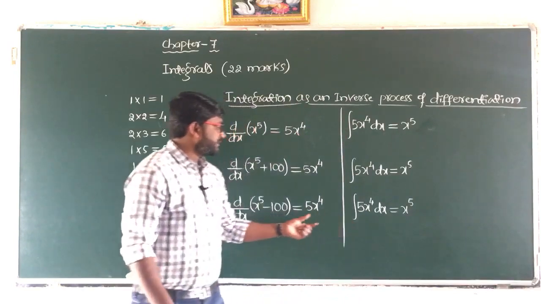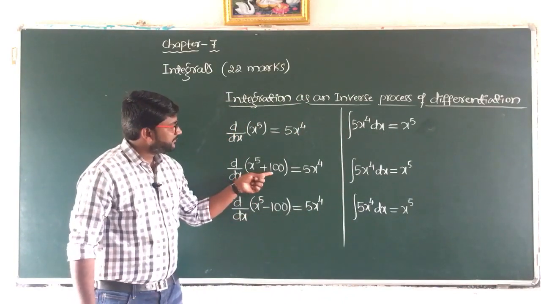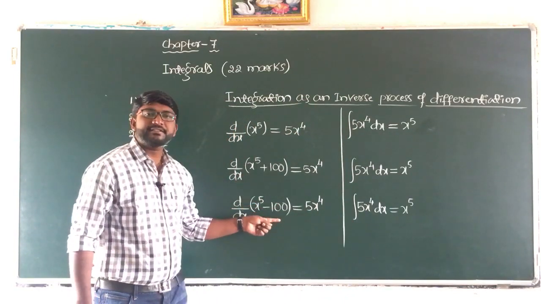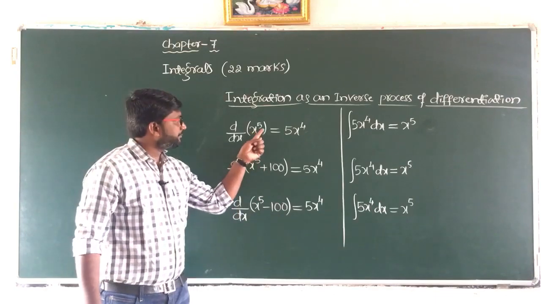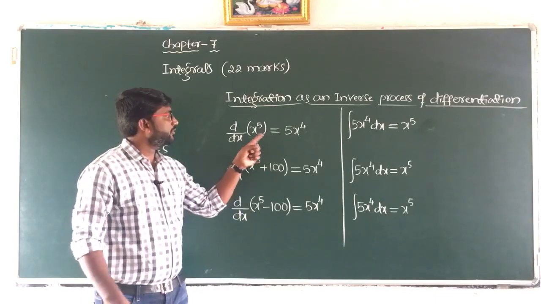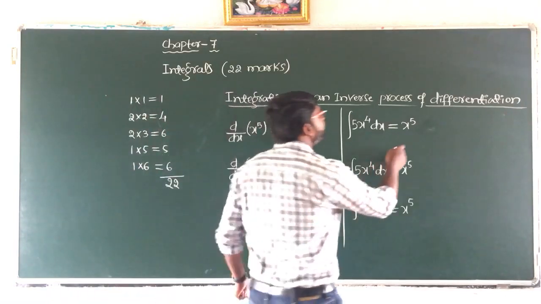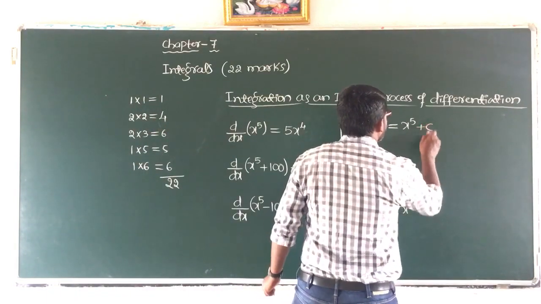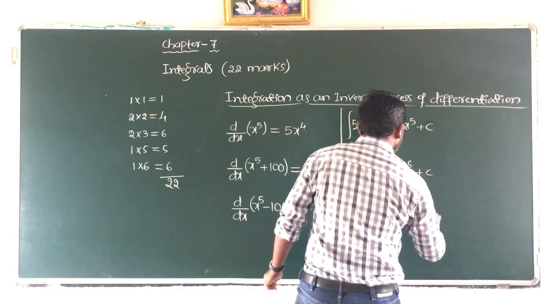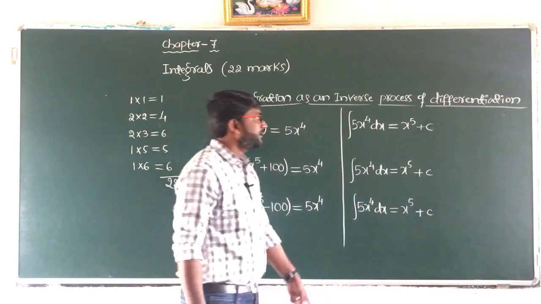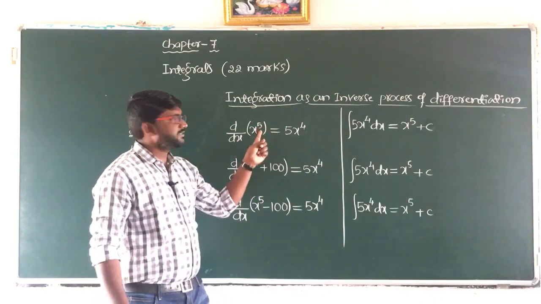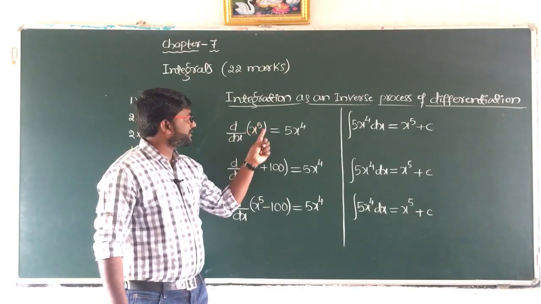Now see here, we are missing this plus 100 and minus 100, and here there will be plus 0. We don't know which is that constant. That is why in integration we always write plus c. In the first case the c value is 0, x to the power 5 plus 0.